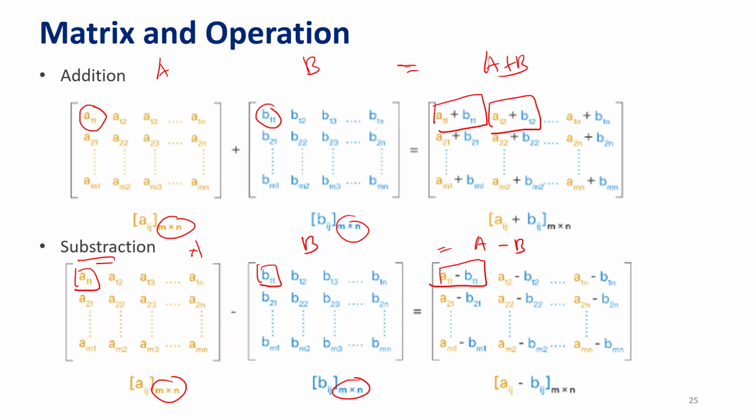So for example, if the result is a matrix C, then C11 will be equal to A11 minus B11, and so on.